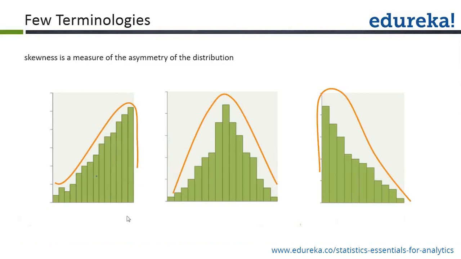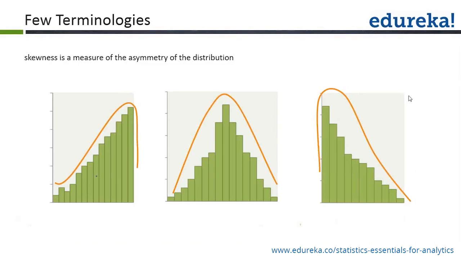For the time being, assume that this x-axis is some representation of height, and in the y-axis, assume that it is count. So if this is 0, 10, 20, 30, 40, 50, 60, this bar means that there are 5 people with this particular height.